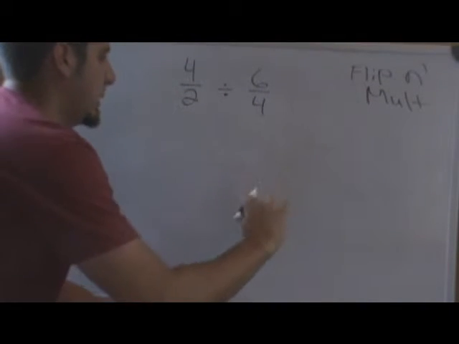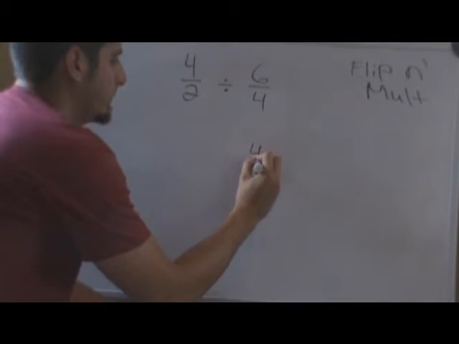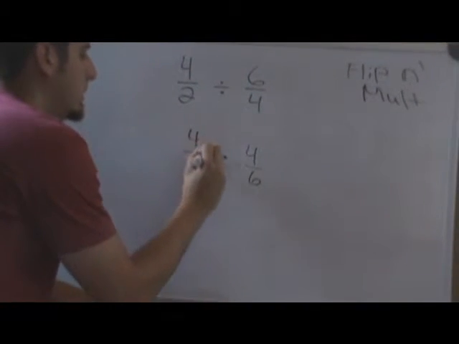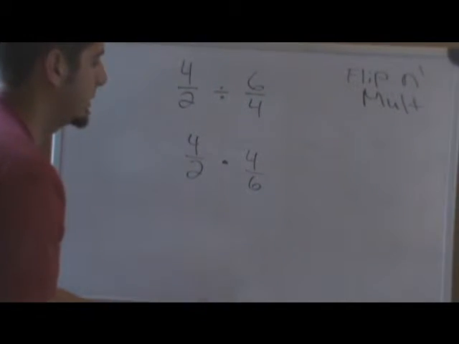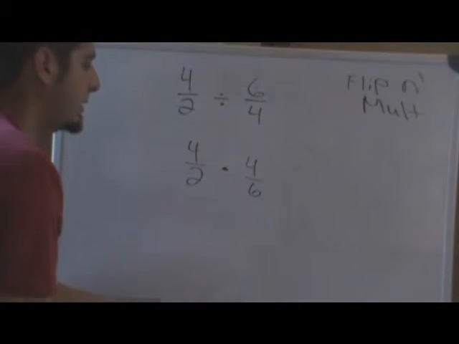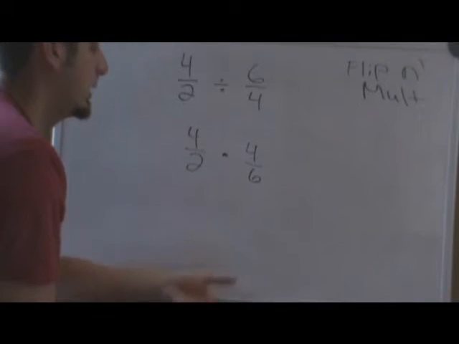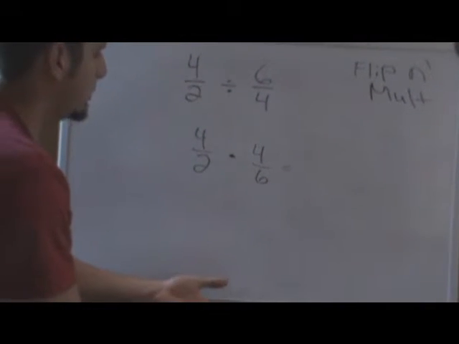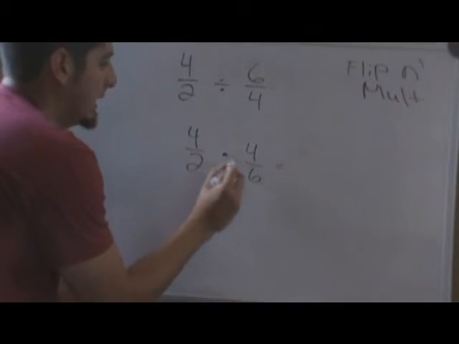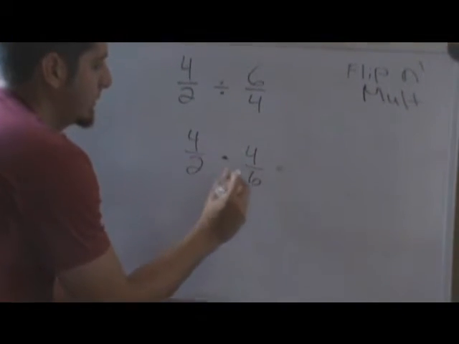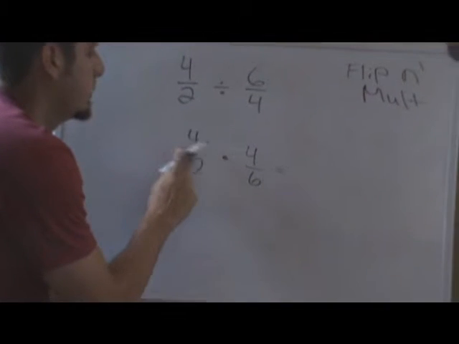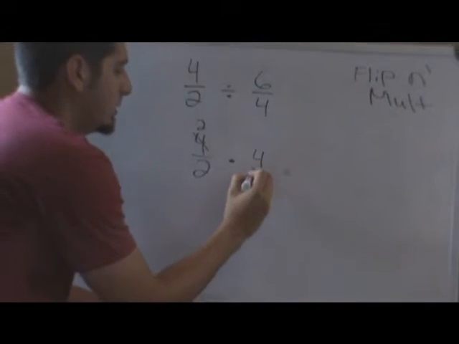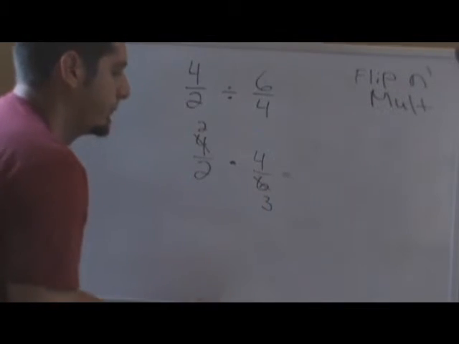So again, I'm going to flip the number on the right, change division to multiplication, keep the number on the left the same, and at this point I can either cross cancel, I can reduce, whatever, or I can just multiply straight across. I'm actually going to do a little bit of cross canceling. I can cross cancel my 4 and my 6, because I know that 2 goes into 4 and it goes into 6. So 2 goes into 4 twice, 2 goes into 6 3 times.